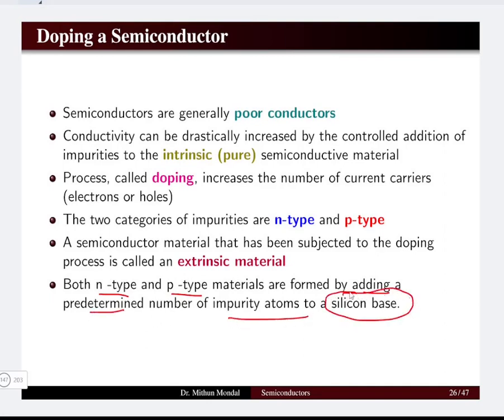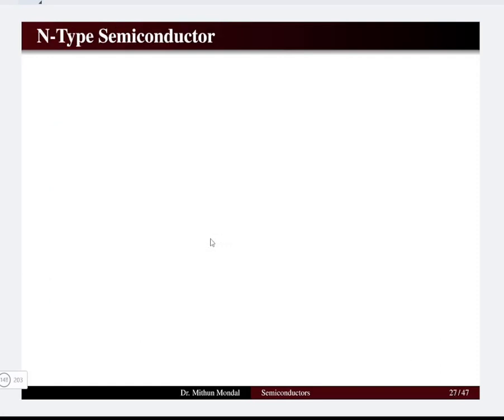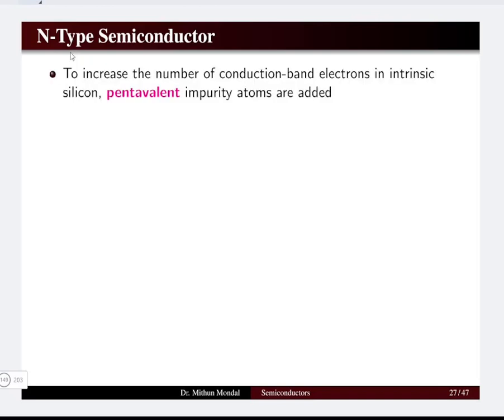So the pure intrinsic semiconductor material, that is silicon, is added with some impurities in a predetermined quantity, which leads to the formation of N-type or P-type materials. Let us first see the N-type semiconductor and then move to the P-type semiconductor.